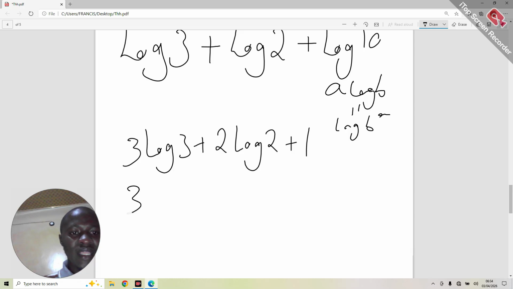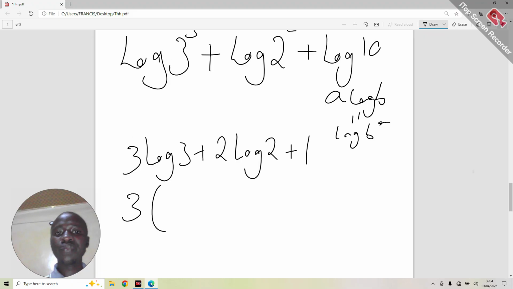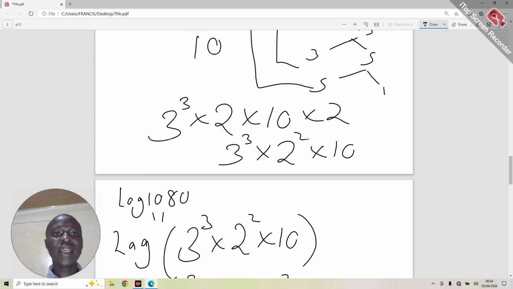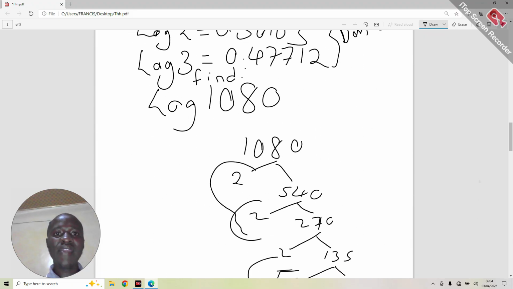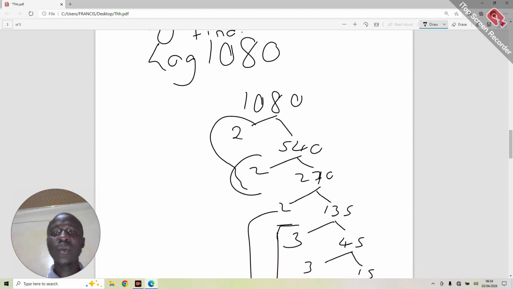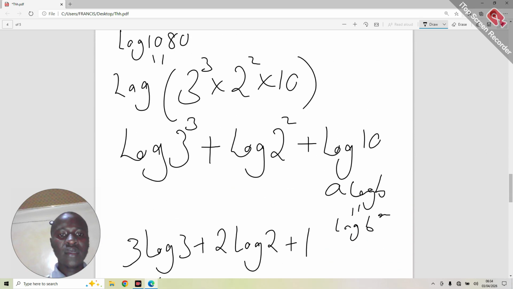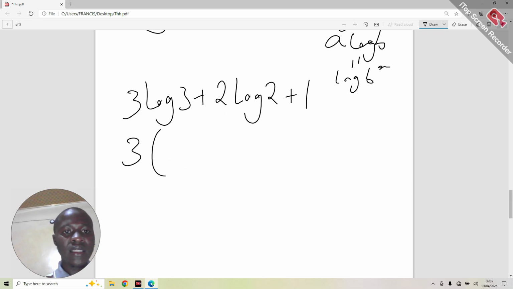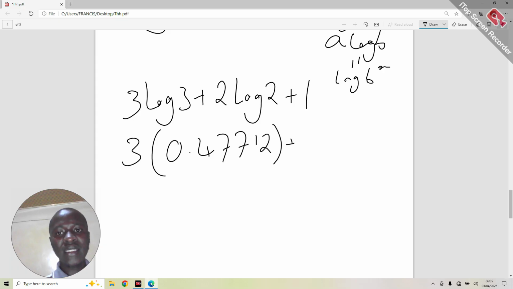So we have 3 into bracket. What is our log 3? Back there in the domain, log 3 is 0.47712. So 3 times 0.47712, plus 2 into log 2.